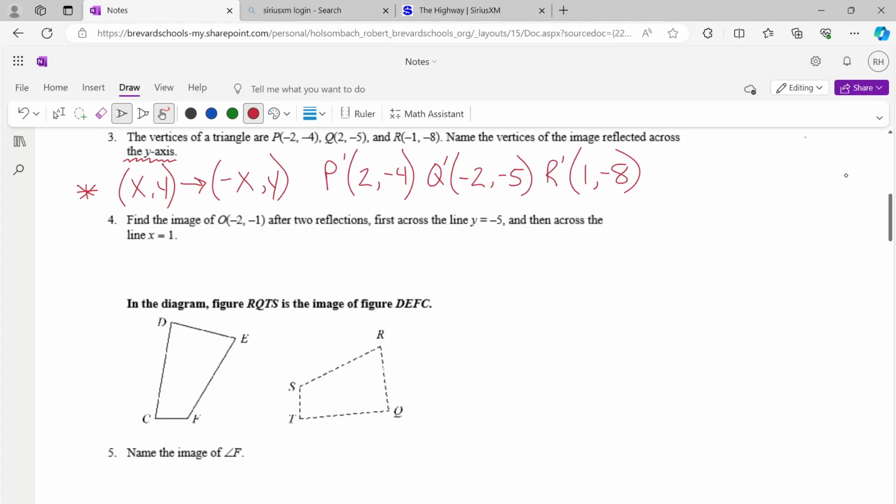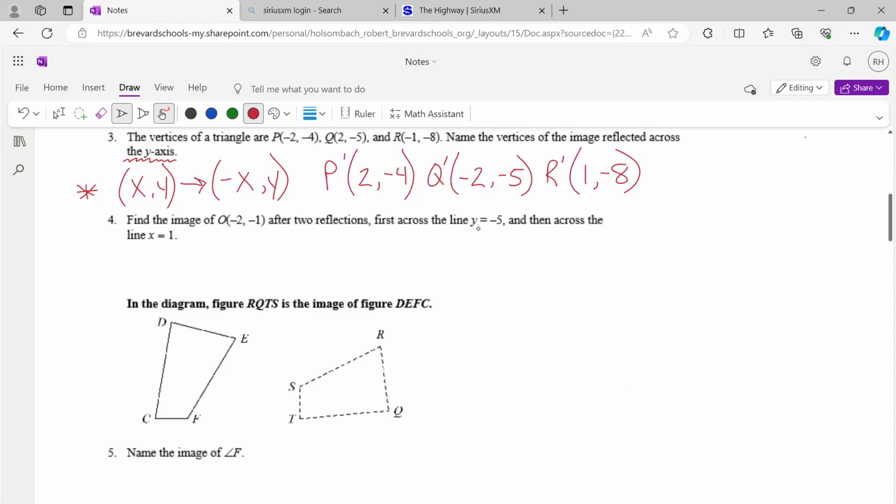And in problem number 4, find the image of O after 2 reflections, first across y equals -5, then across x equals 1. All right, so we got to reflect this thing twice. So what we're going to do is we're going to plot this. There's not a shortcut.